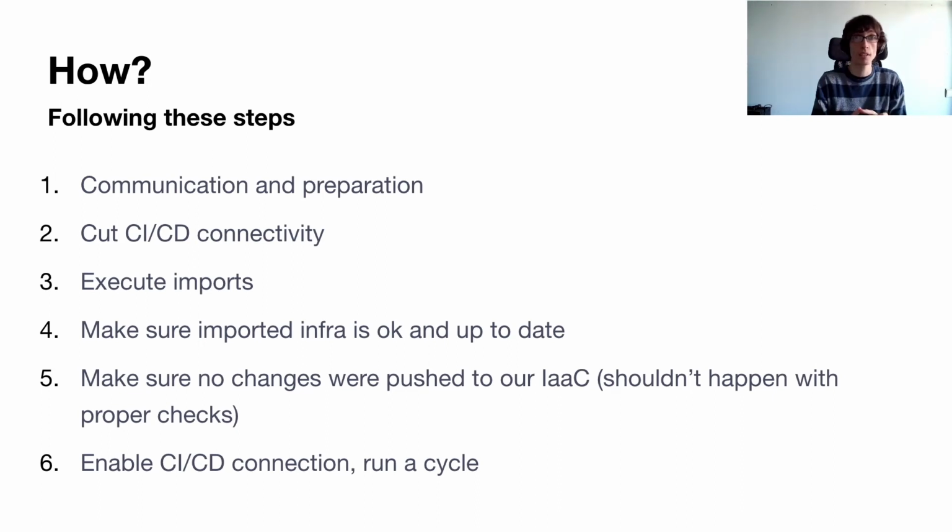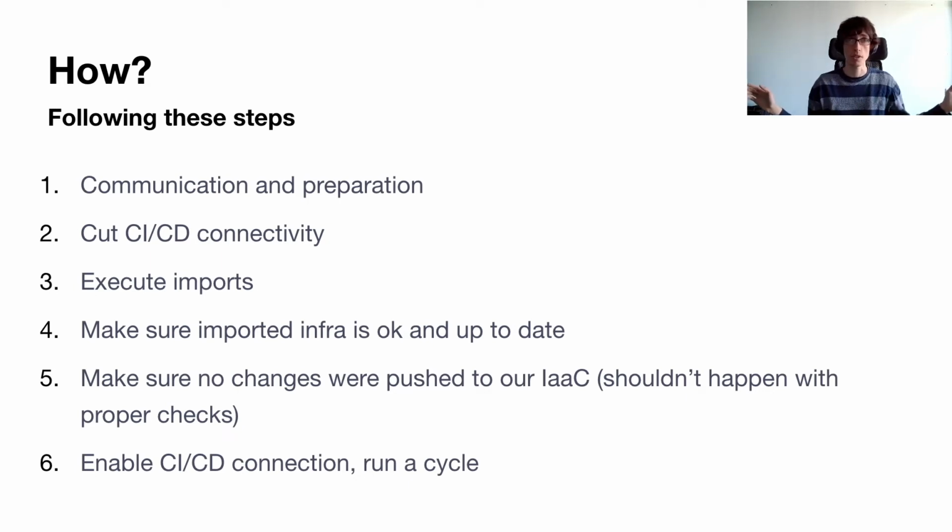So for that, we are going to cut the communication. We are going to disable the webhook. We are going to disable the job, whatever it is that makes Terraform trigger and apply after you merge the changes. We are going to stop it while we proceed with the imports.